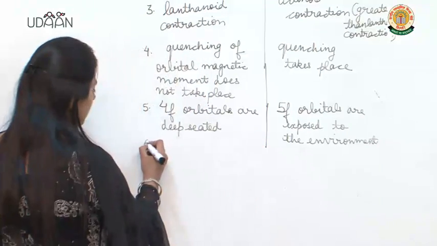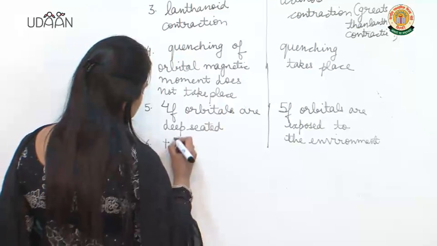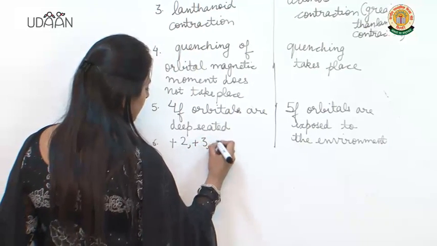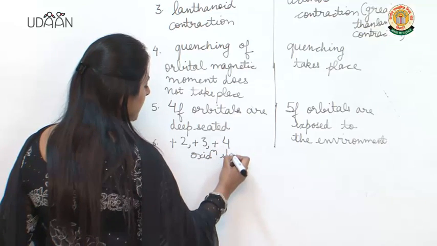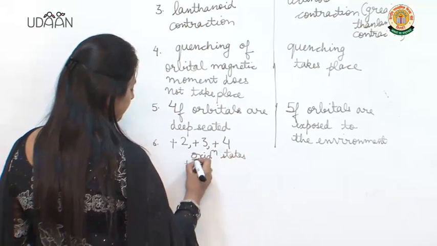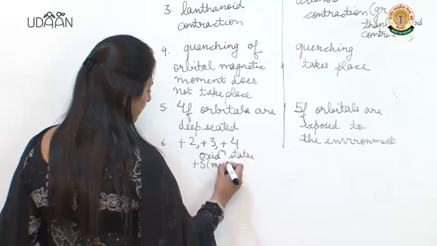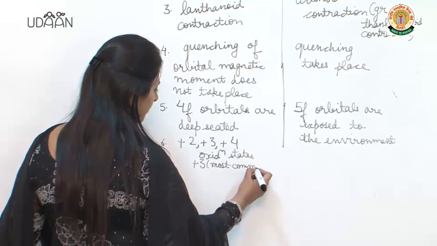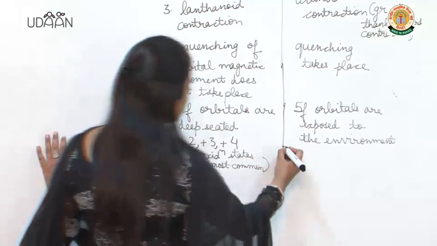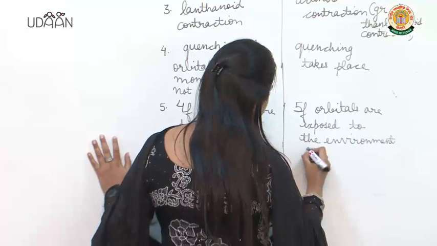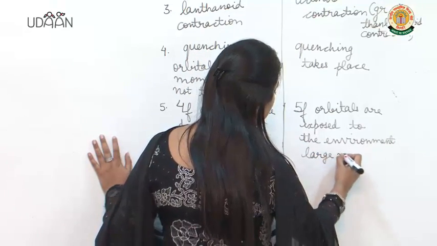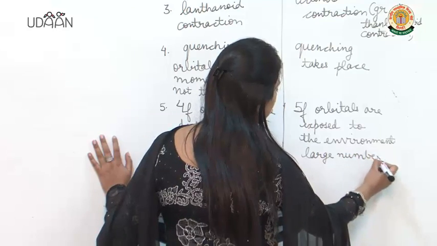So, here they are showing +2, +3 and +4 oxidation states, in which +3 is most common. And here it is showing a large number of variable oxidation states.